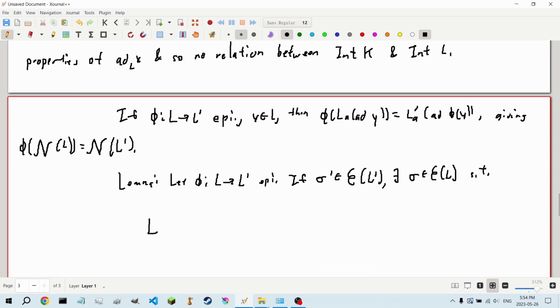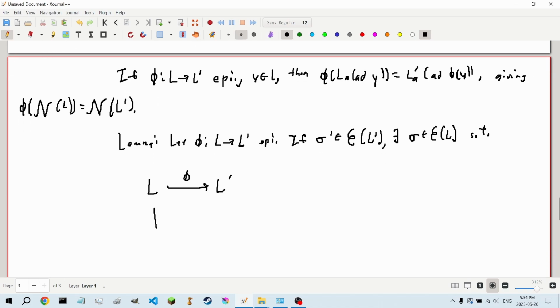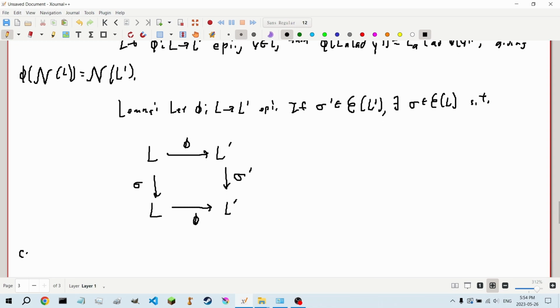We have phi sending L to L prime, and we have sigma sending L to L, and sigma prime sending L prime to L prime, and this diagram has to commute. And the proof.